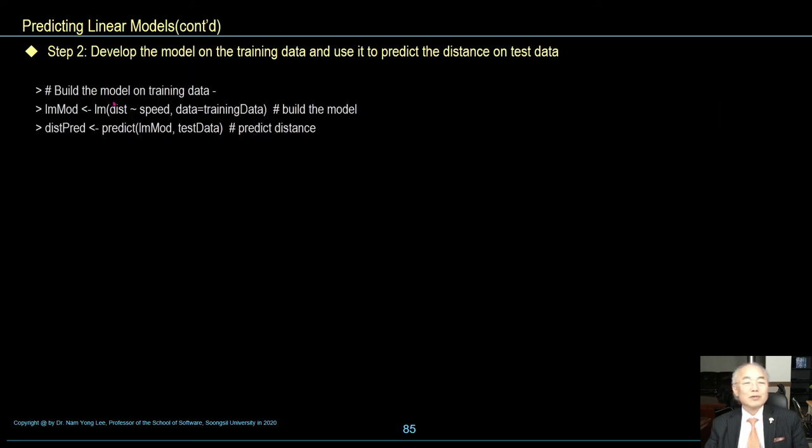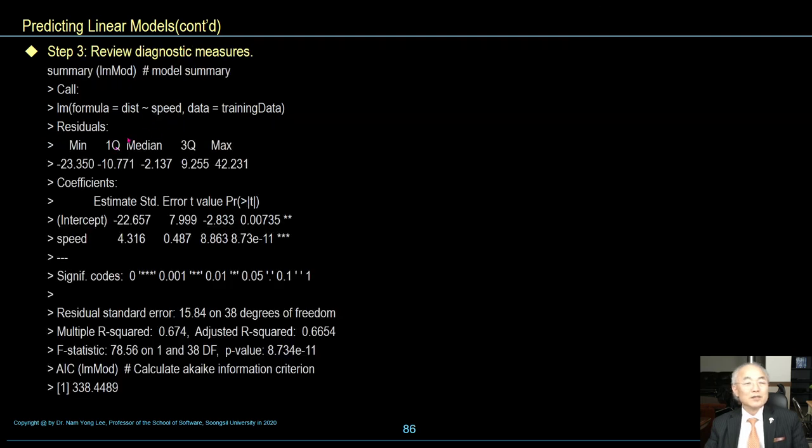Second step is to develop the model on training data and use it to predict distance on test data like this. Third step is to review diagnostic measures.